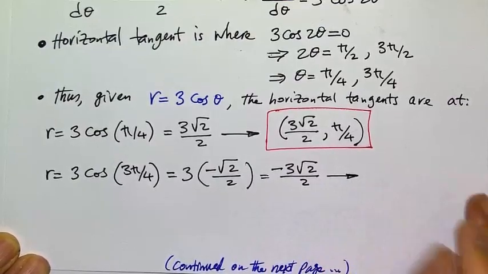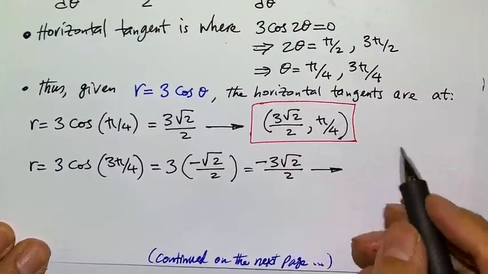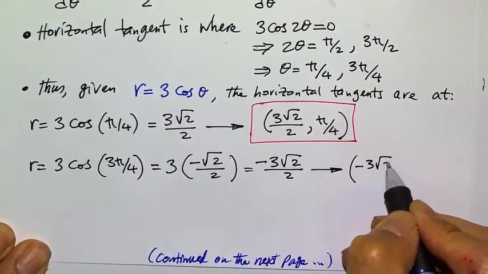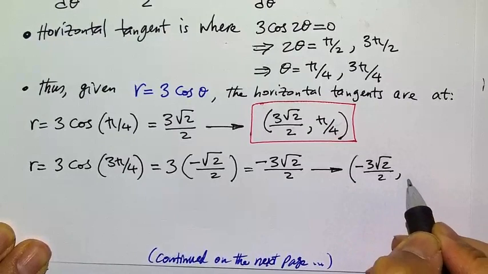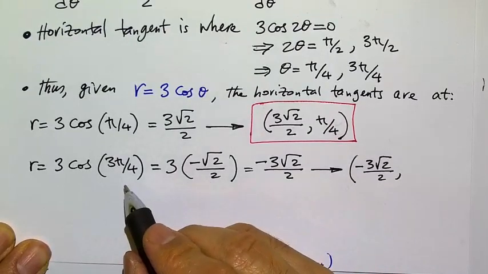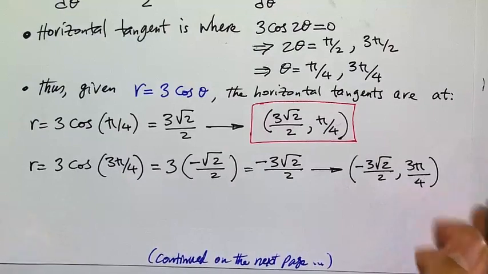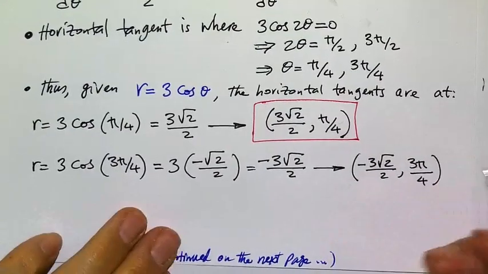And so the other point where we have horizontal tangent is minus 3 times square root of 2 over 2 comma 3 pi over 4. Okay, so that's another point.